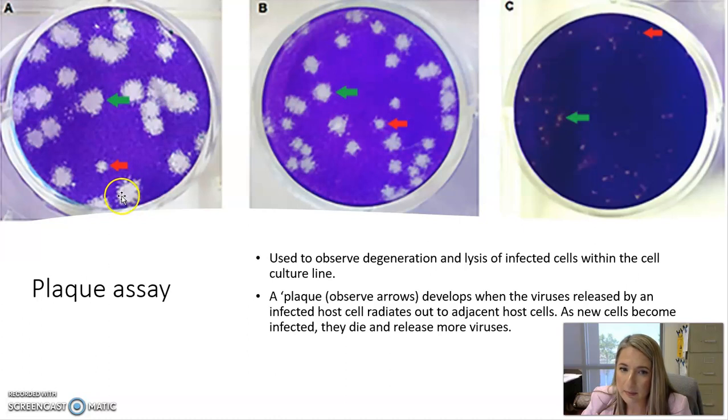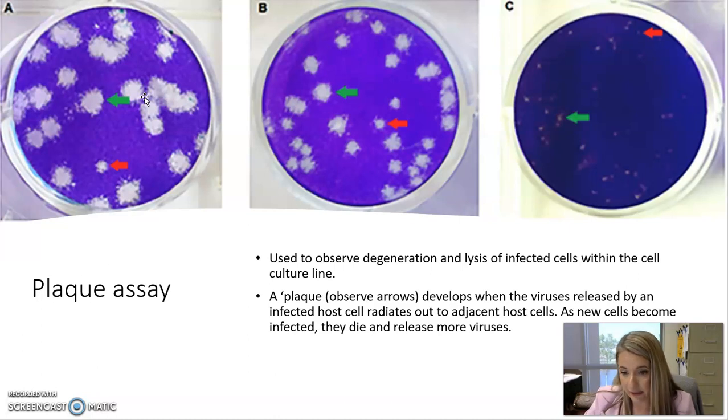Typically, before the virus is injected into the cell line, this would all be colored in. So there wouldn't be any of this white. We would just see all purple from all the cells. However, if you infect the population of the cell line with a virus, and then you come back 24 to 48 hours later and you see these white areas that we're calling plaques, that's very bad.